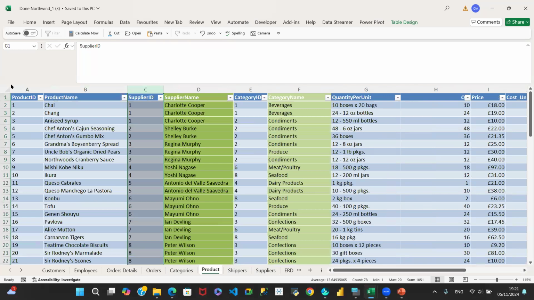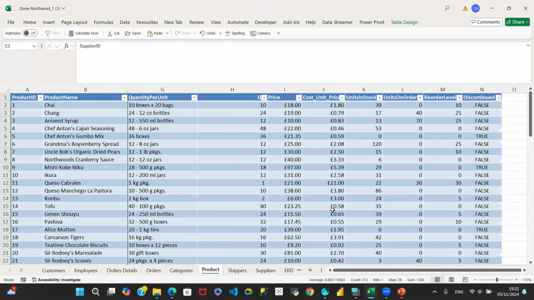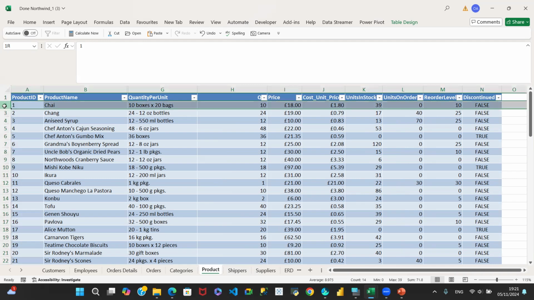So for now, I'll just hide those. They were brought in. So on this product table, we've got product ID, again, that unique identifier, the primary key. So each product has got one row of record for it.